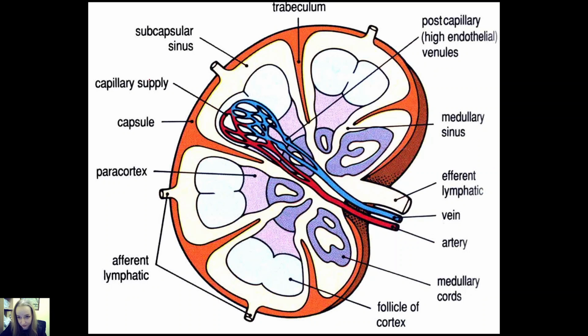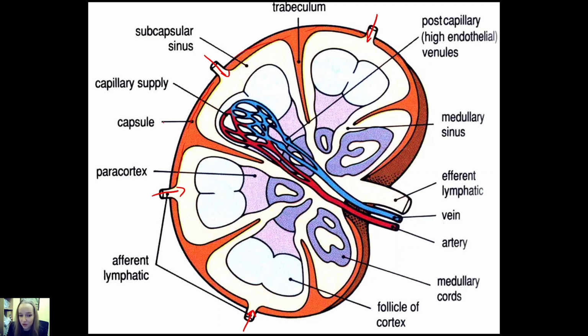The lymph enters the lymph node via these afferent lymphatic vessels over here, which enter through the capsule that is around the lymph node. This is a normal picture of one nice lymph node, and as you can see, lymph nodes are encapsulated organs.